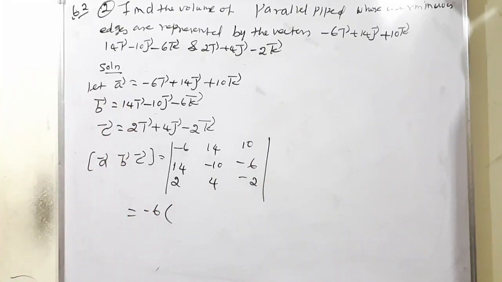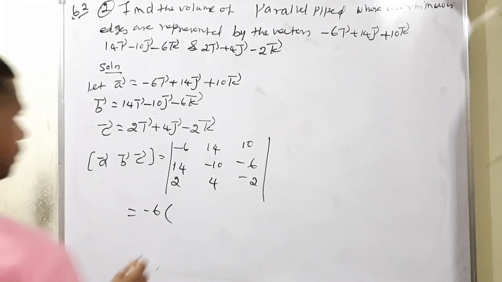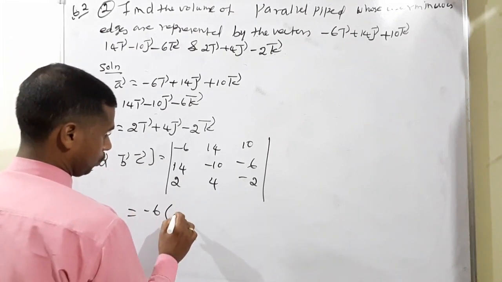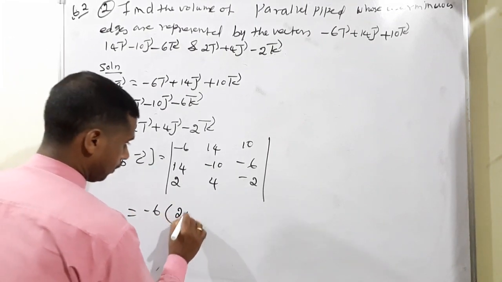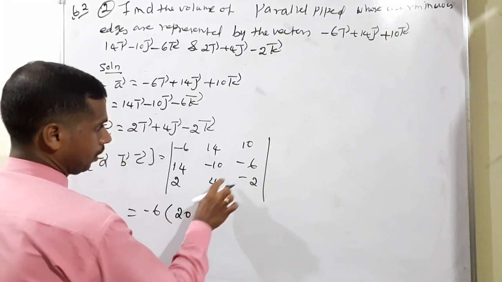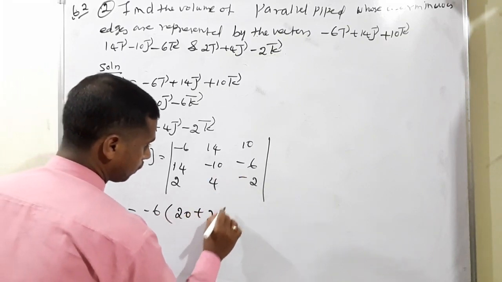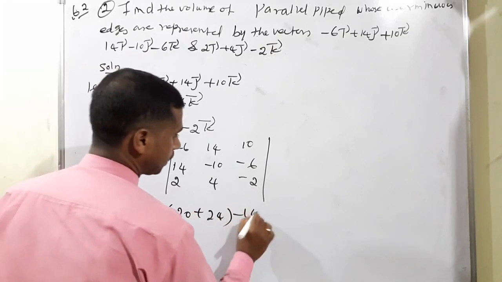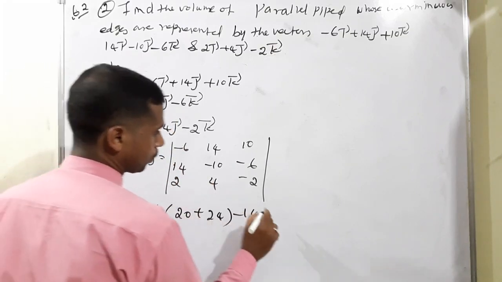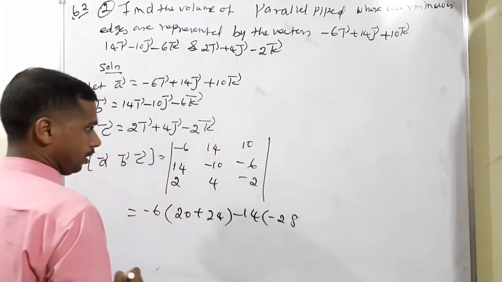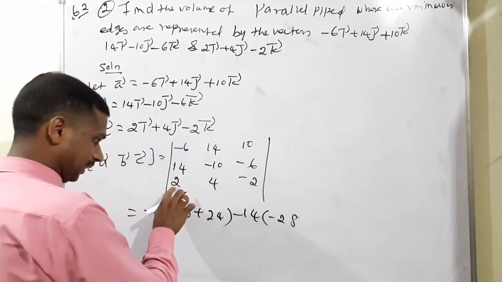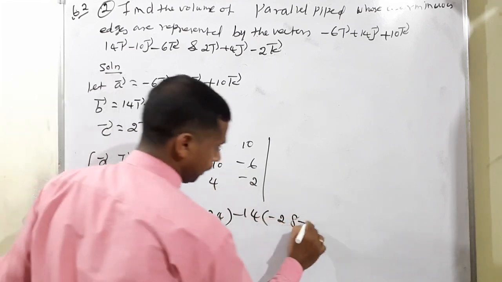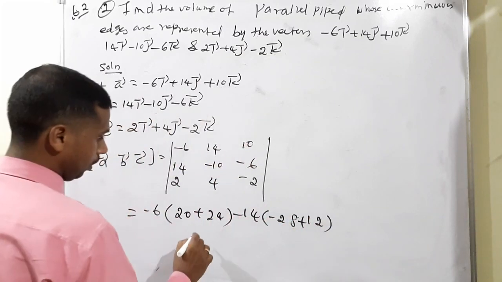So minus 6 means minus 10 into minus 2 means positive 20. Then cross multiply means positive 24. Then minus 14 means 14 into minus 2 means minus 28. Then minus 6 into 2 means minus 12, common minus means positive 12.